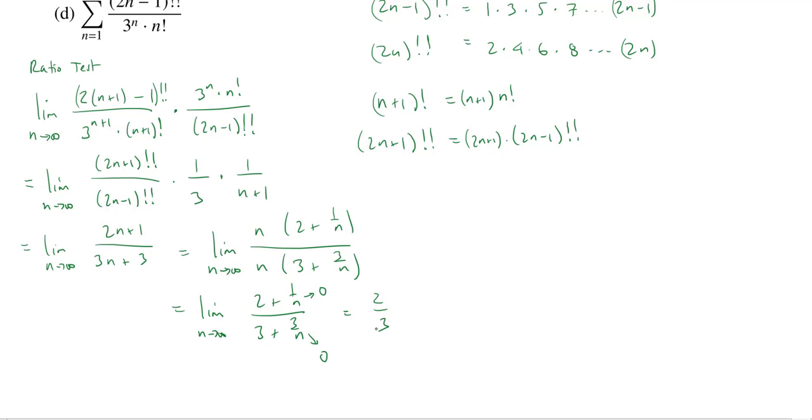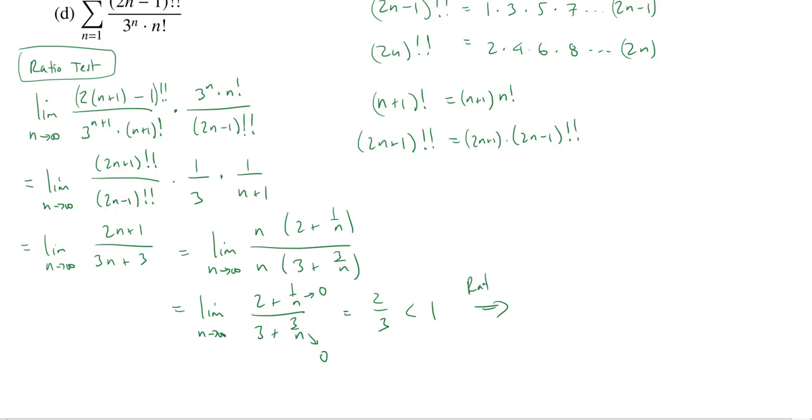Okay, cool. Does that mean the series converges to 2/3? No way, not even in the slightest, right? We're using the ratio test. The ratio test says we compute this limit, and if the ratio we get is less than 1, then the original series converges. We have no idea what it's converging to.